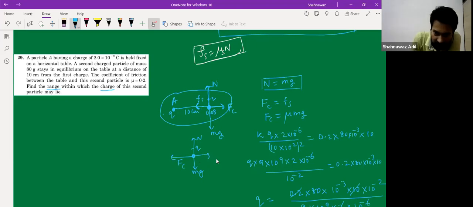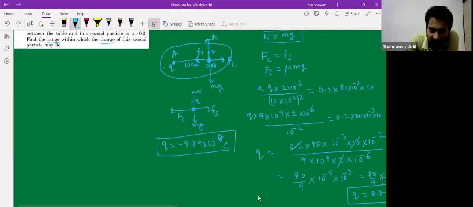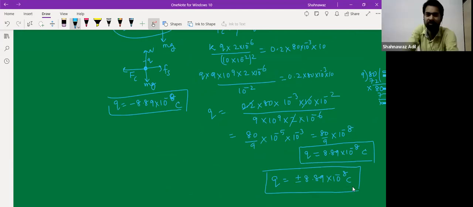Okay. So then you will find your charge to be minus 8.89 into 10 to the power minus 8 coulomb. So the range would be plus minus 8.89 into 10 to the power minus 8 coulomb. Understood, guys? Any doubt?